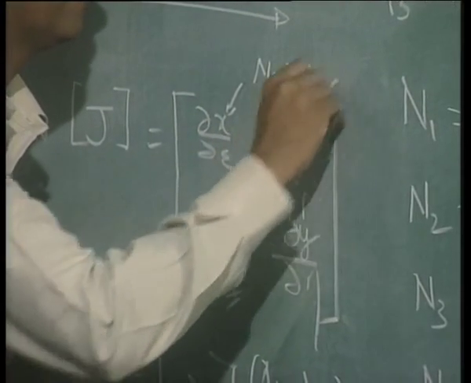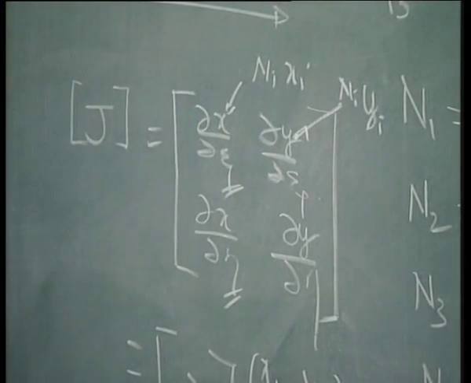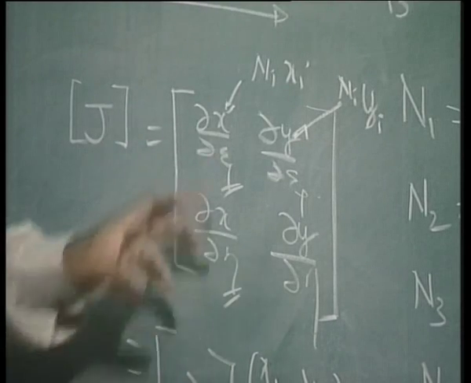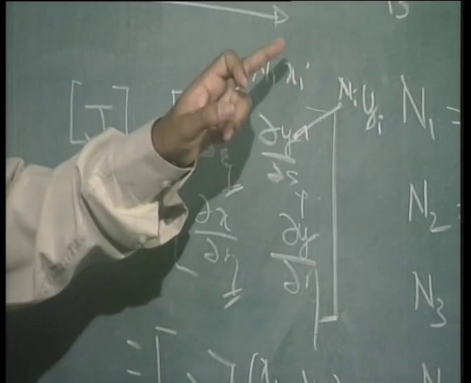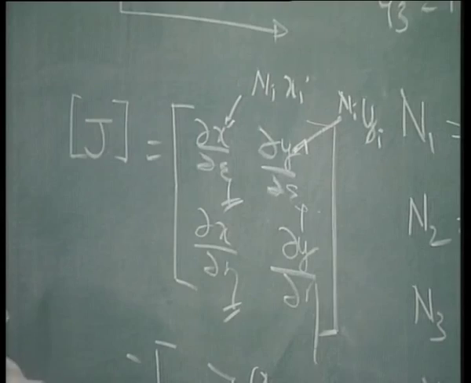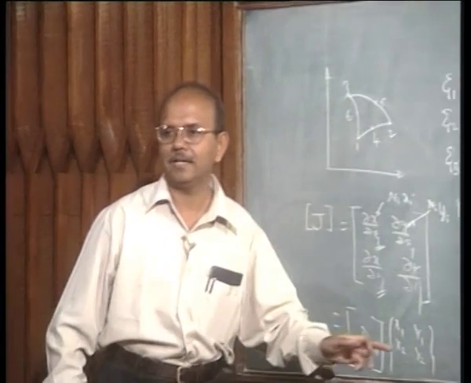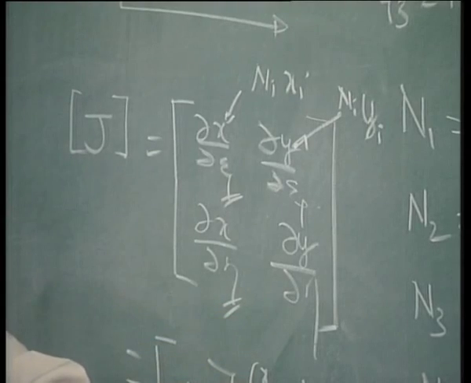I am going to substitute these two things there, Ni xi and Ni yi. So I can look at these xi's and yi's. What are they? x1, x2, x3, y1, y2, y3, or if you want to complete it, x1 to x6, as a 6 by 2 matrix as well, right?